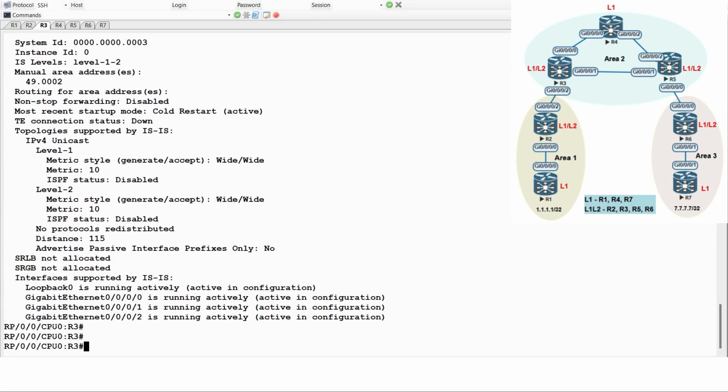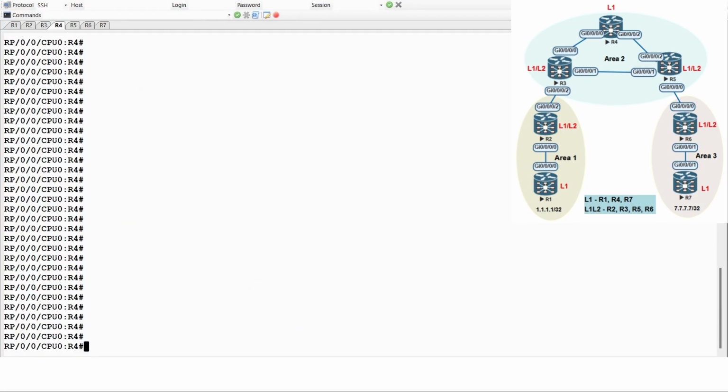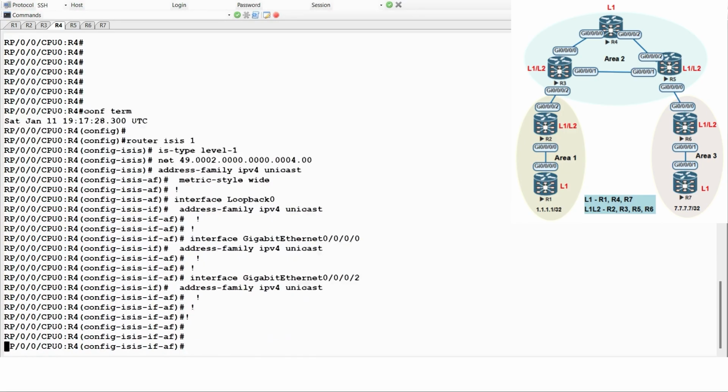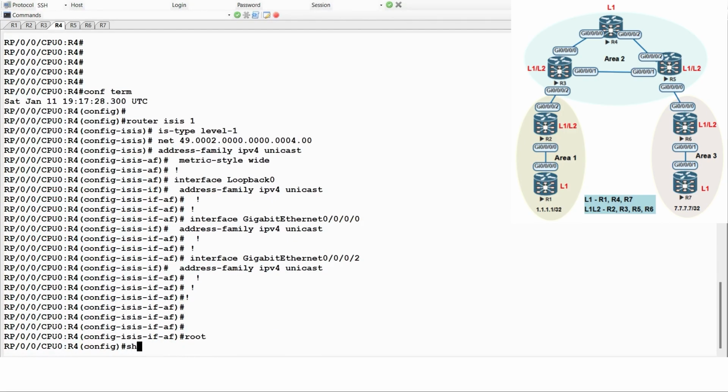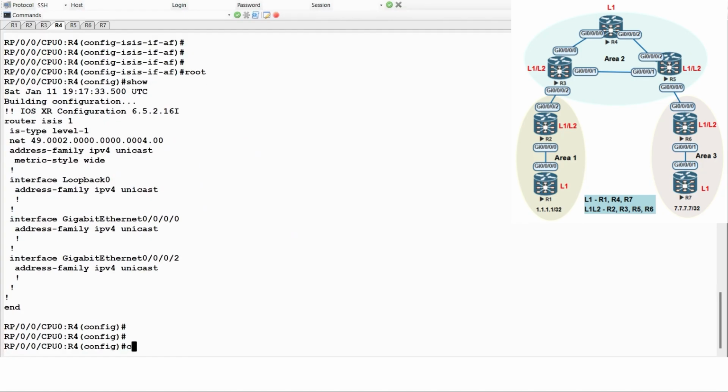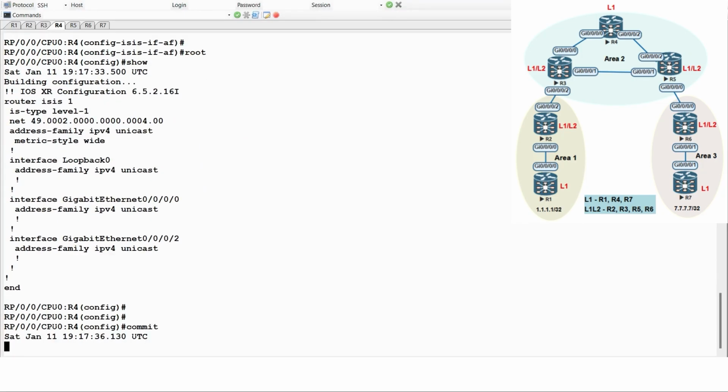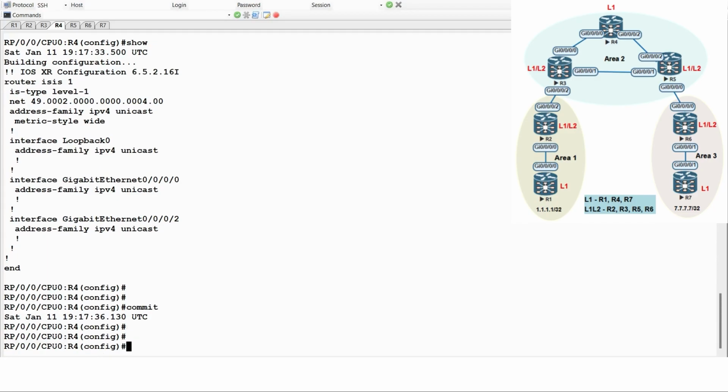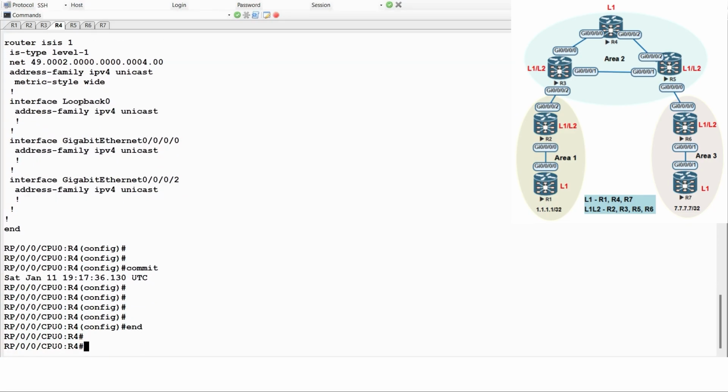Now let's go to router R4 and configure ISIS. Let's verify configuration on router 4.